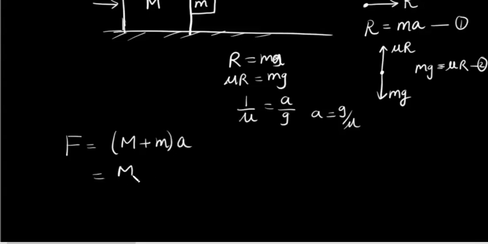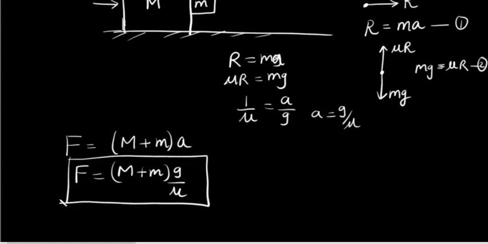So this will be M plus m into g by mu. This is the minimum force that will be required to keep the mass m in that position, so that it will not fall. It will accelerate in the right direction. It will not fall basically.